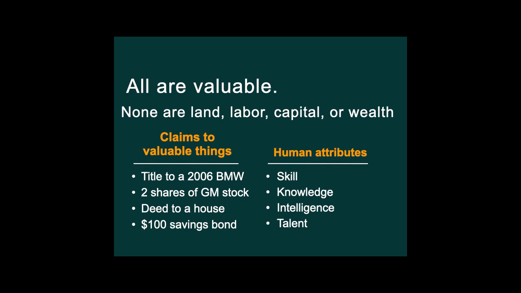The government will give you $100 if you're willing to wait a while. So what are these other things in the right-hand column? Skill, knowledge, intelligence, talent. They're not land, labor, capital, or wealth, are they?